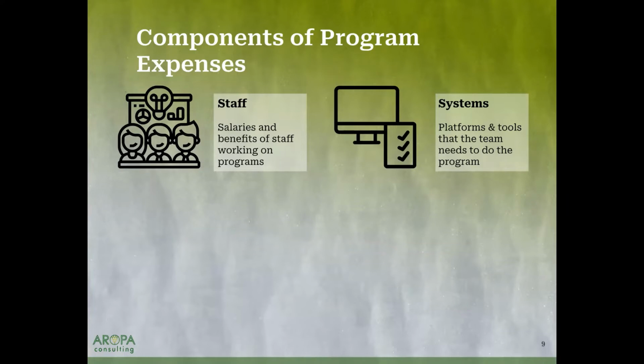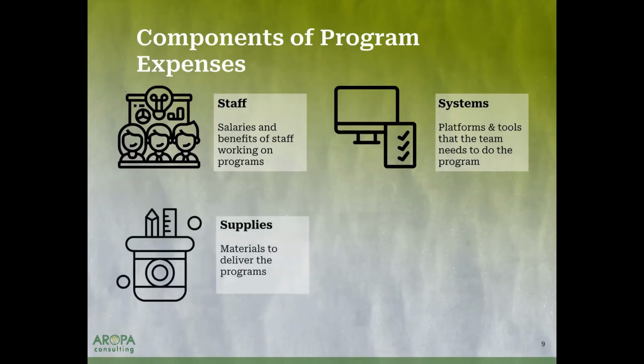Just because it is a tech tool does not mean that it is not a program expense. So that's why it's really important to think about when we're categorizing our expenses, we have both the type of expense it is, it's an IT expense, but then we also know that it is an IT expense for the program team.